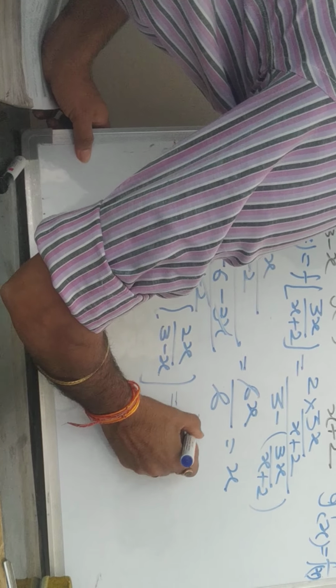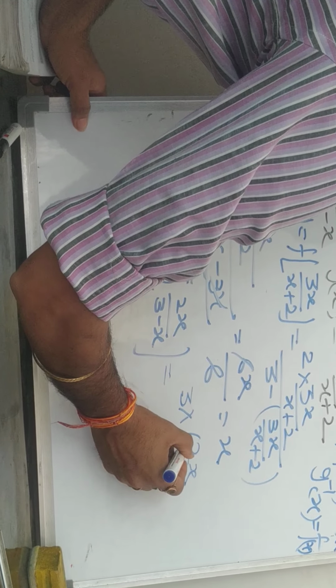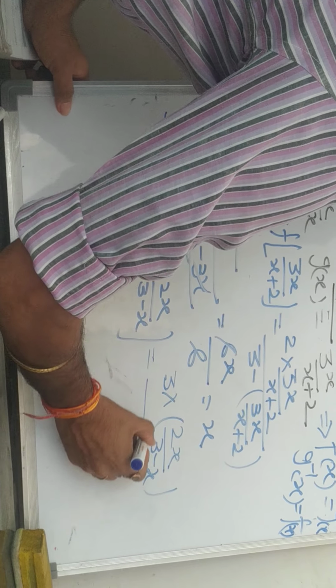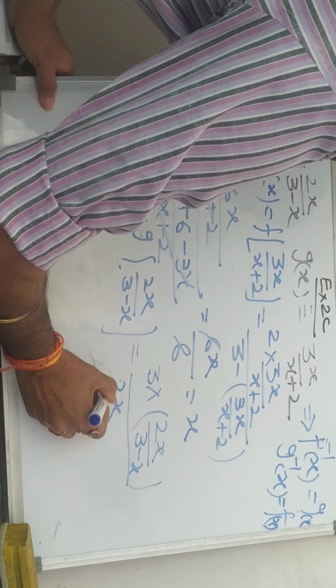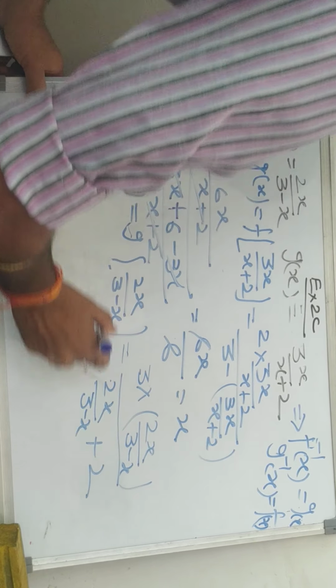So it converts into 3 into 2x upon 3 minus x, upon 2x upon 3 minus x plus 2.